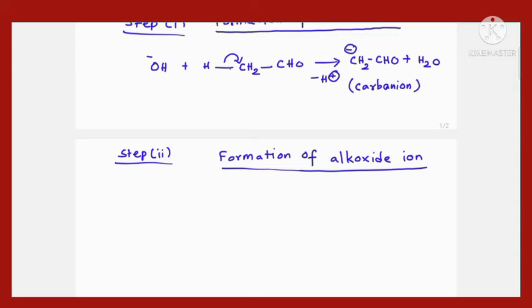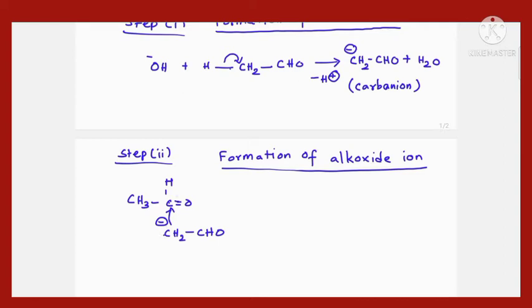Now, the carbanion which is formed in the first step will react with another acetaldehyde molecule. This is the second acetaldehyde molecule, CH3CHO. I have written the carbonyl group as C-H double bond O. This is attacked by the carbanion we got in the first step. Now, this carbanion being electron rich, will attack the electron deficient carbonyl carbon and share its electrons with this carbonyl carbon, so that a new carbon-carbon bond is formed between these two.